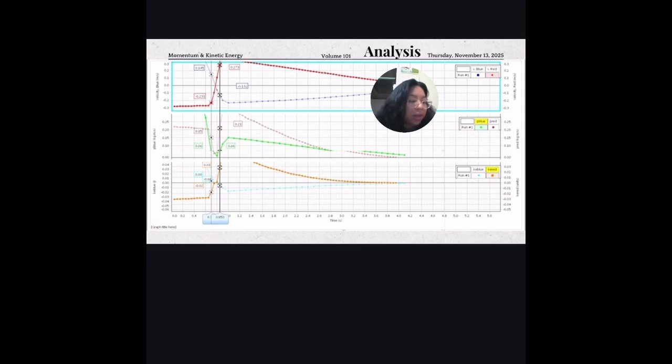And then our green line, which is our blue car for momentum, is 0.06. And then our kinetic energy for that second point, the orange line, which is our red car, was 0.03. And then our teal line or the light blue line, which is our blue car, was negative 0.01.